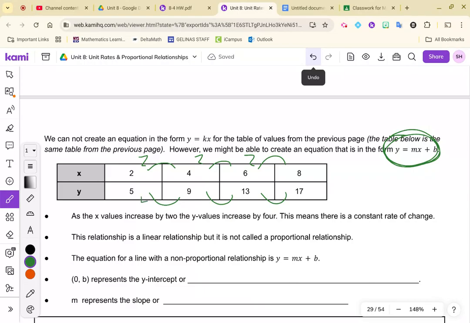They're not going up by the same amount, but they are going up by a consistent amount every time. They're going up by 4's. So what that is called is, it's printed on your paper, a constant rate of change. So it's not a constant of proportionality, but it is a constant rate of change.